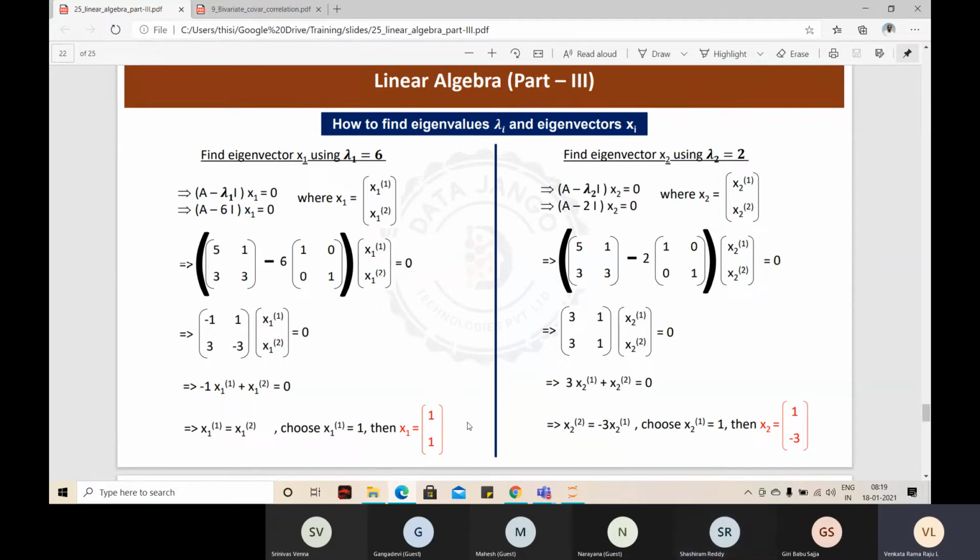That's what I said: a matrix will have the rank number of eigenvectors and eigenvalues. Rank of a matrix is the number of unique eigenvalues and eigenvectors. You remember that, right? Got it?